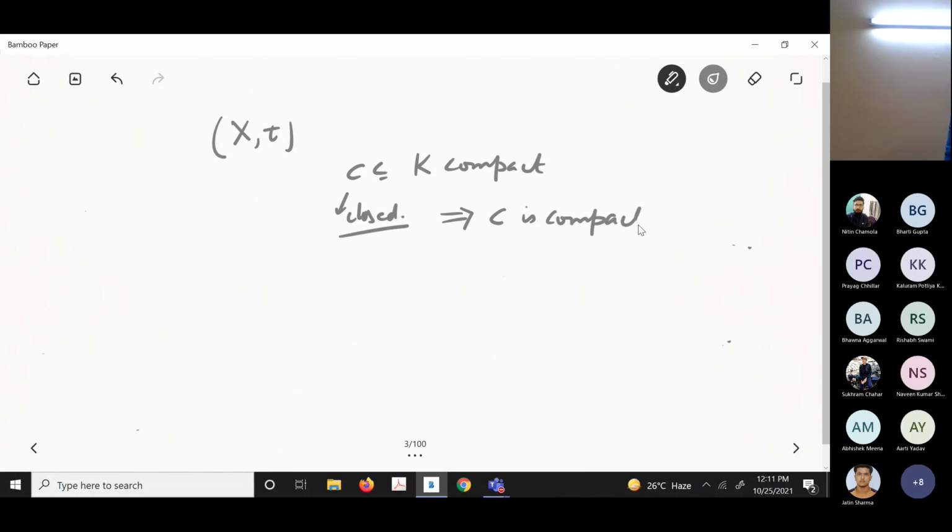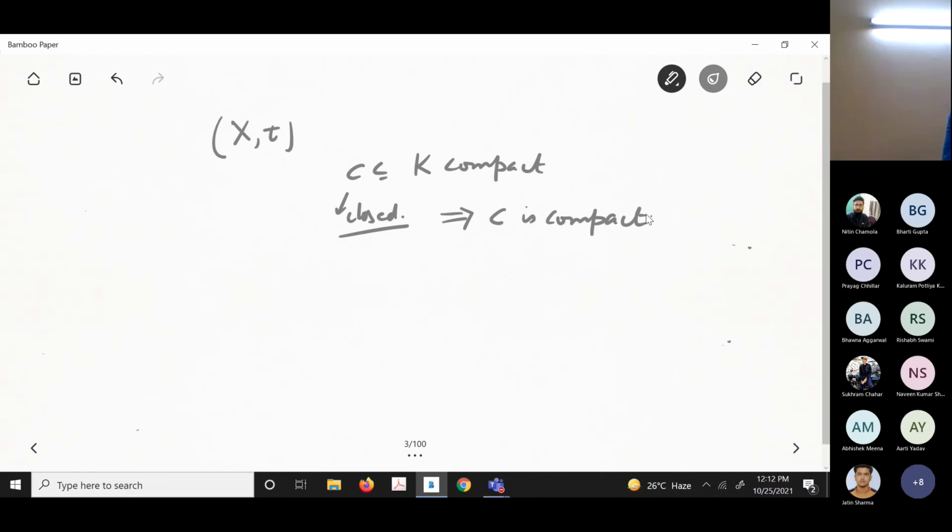How do we prove the Heine-Borel theorem? This is the outline I'm explaining. A closed subset of a compact set is compact. That I have proved before.